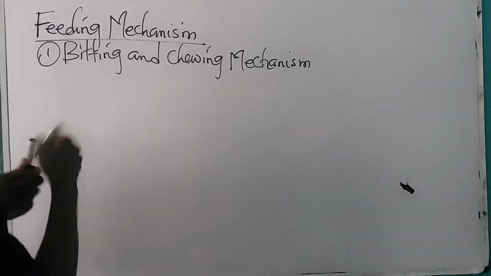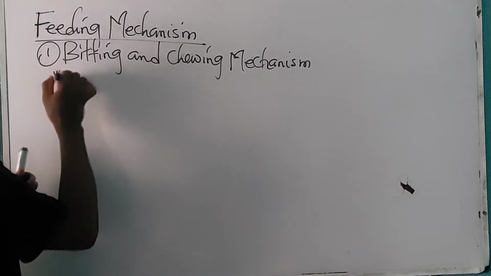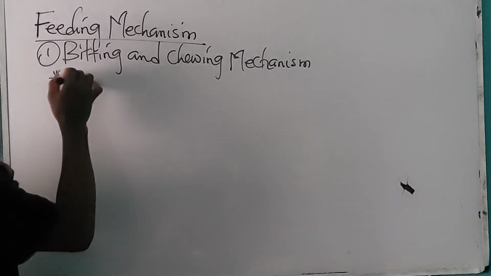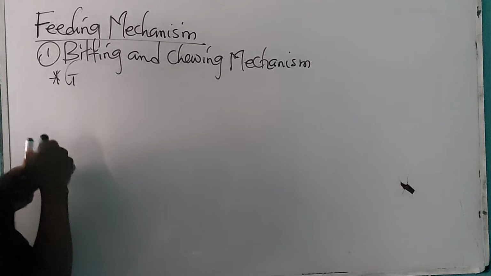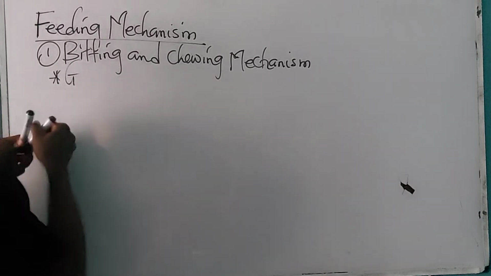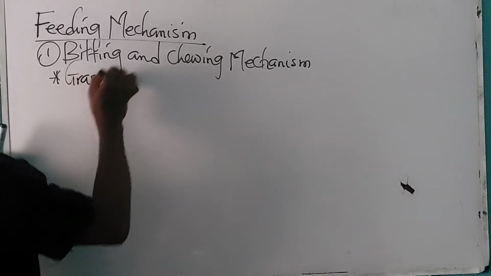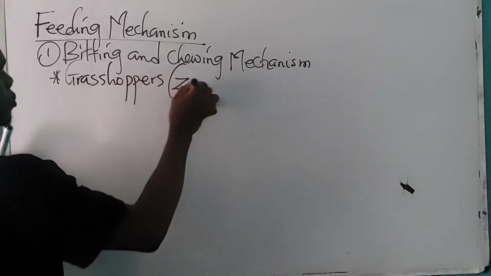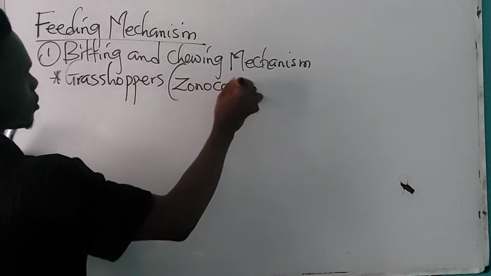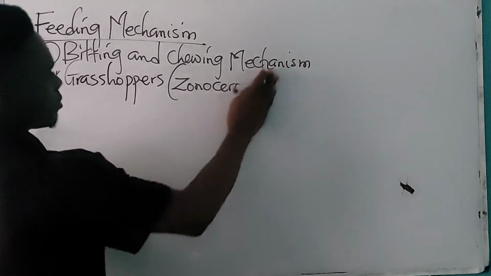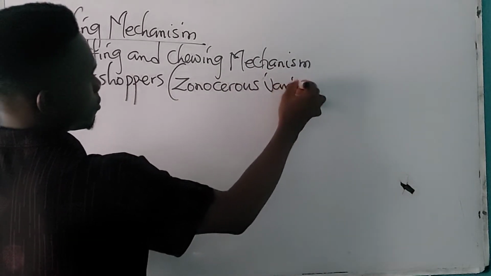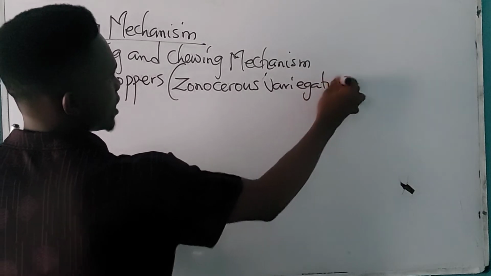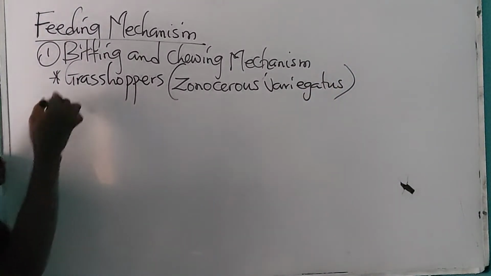Good examples of biting and chewing mechanism are the grasshoppers. Of course, the grasshoppers are called Zonocerus variegatus. They are biting and chewing organisms.